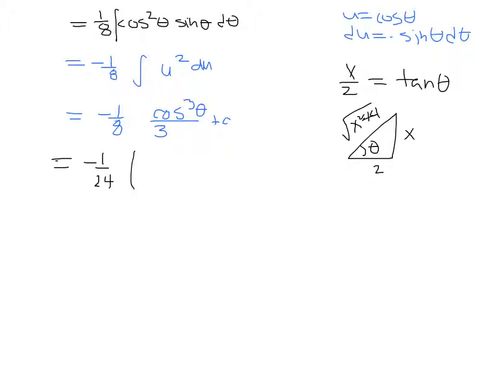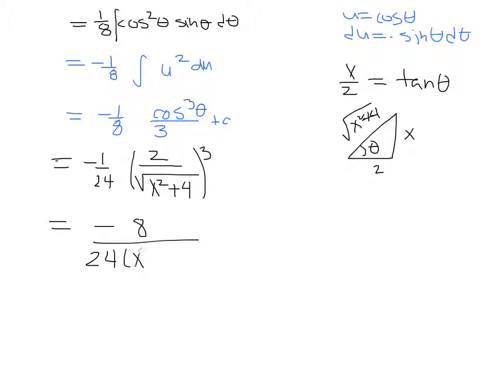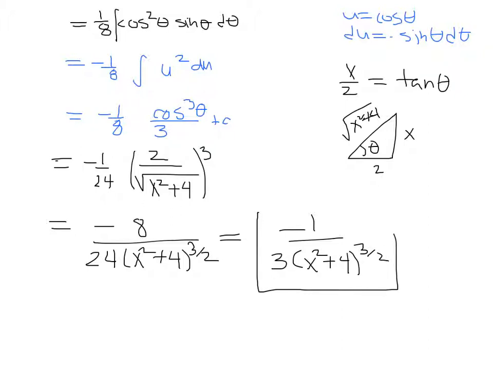So cosine will be 2 over the root of x squared plus 4, that quantity cubed, which will make negative 8 over 24 times x squared plus 4 to the 3/2 power, which reduces to negative 1 over 3 times x squared plus 4 to the 3/2 power. These trig substitution ones are pretty tricky. It's really hard to make it work out so you get a nice integral in the end. Oh, and of course, don't forget your plus c, sorry. Plus c, plus c.